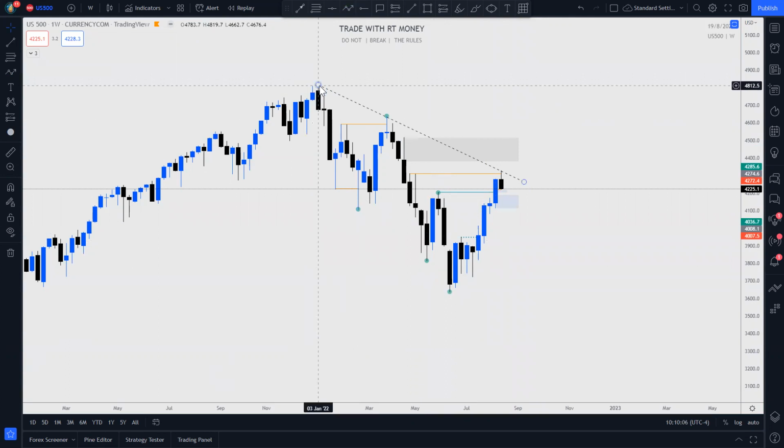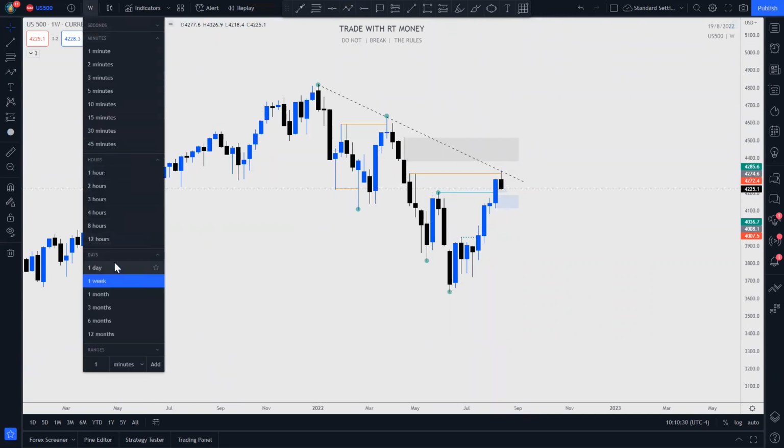But what I use the trend lines for is illustrative purposes. We hit this zone, we hit this diagonal supply. And I wouldn't base any trades off of that, but it's just an interesting confluence, right?